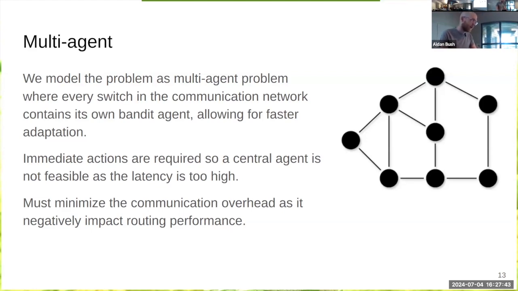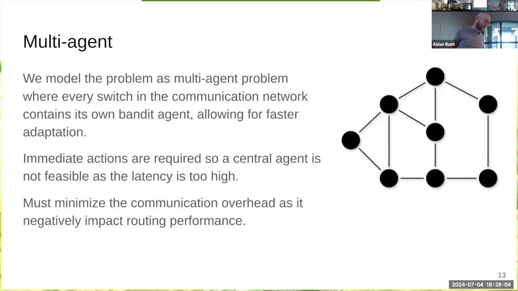The other option is to have a central agent that learns either an individualized policy or some policy for the network. That is possible, but that would not be as adaptive. It'd be slower to react, and it would take up a lot of resources that could be spent sending packets.